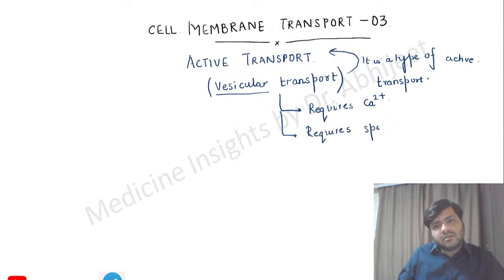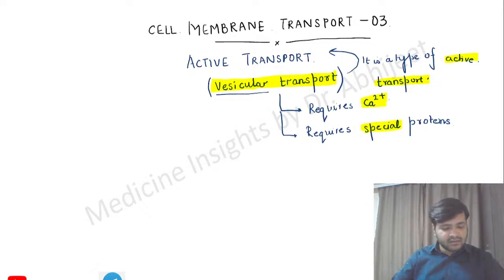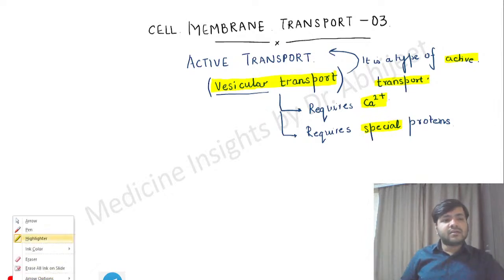So we have started our discussion on vesicular transport, which is again a type of active transport that I didn't discuss yesterday, and it requires calcium and some special proteins.